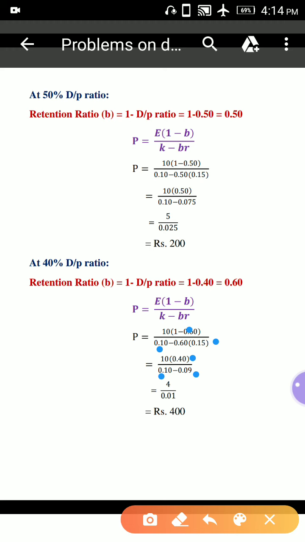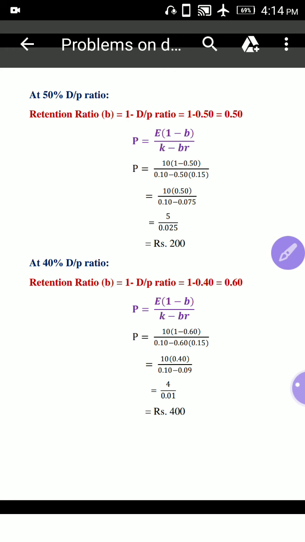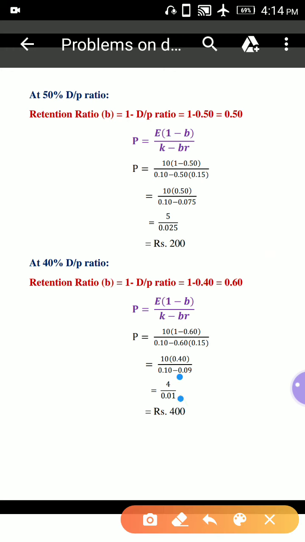Now 10 into 0.40 is 4. Now 0.10 minus 0.09 is 0.01, so 4 divided by 0.01 is 400. Now at 40% dividend payout ratio, the market price of the share is rupees 400.